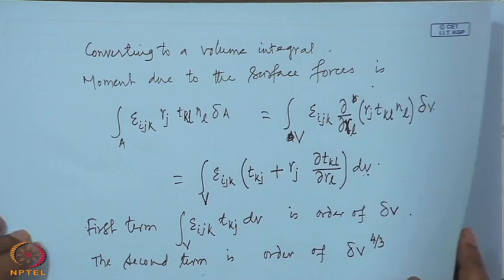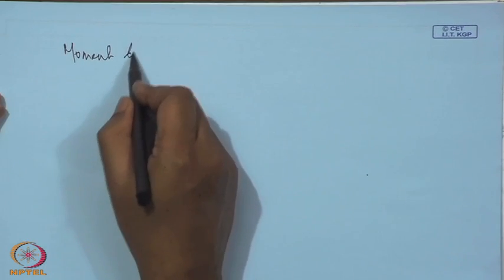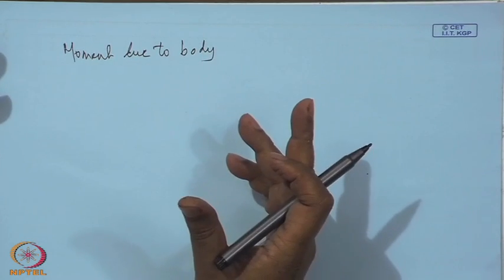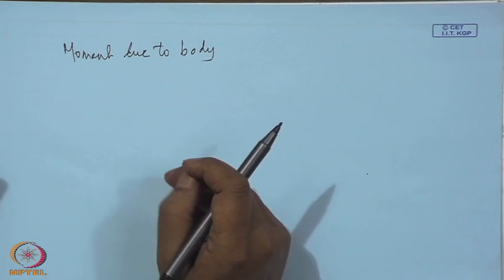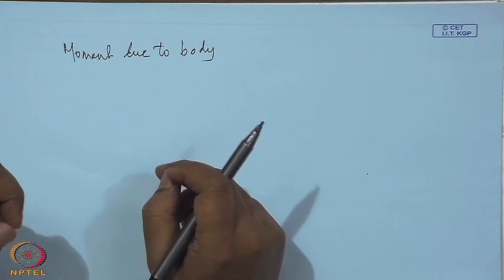What about the moment due to the body force and the moment of inertia into angular acceleration term, or we will call it the inertial moment? What about them? Moment due to body force, in that case force itself contains a delta v, rho f delta v, you multiply that with r cross f.